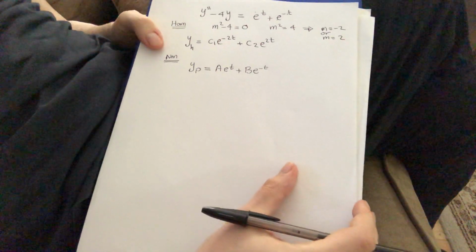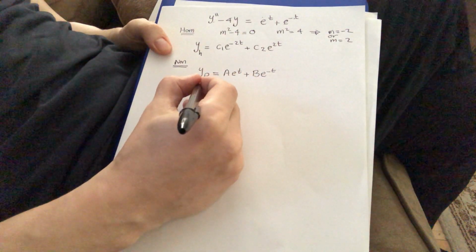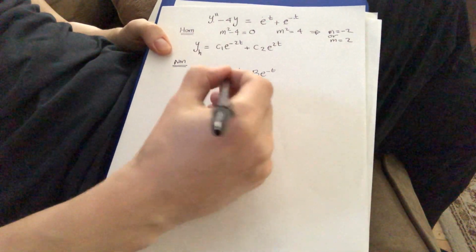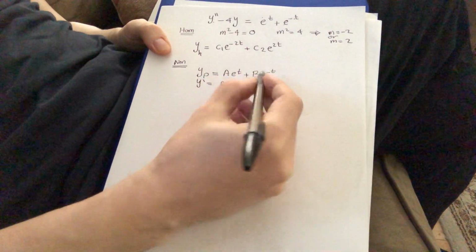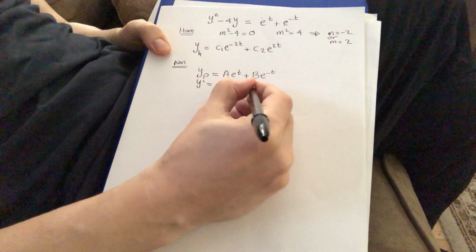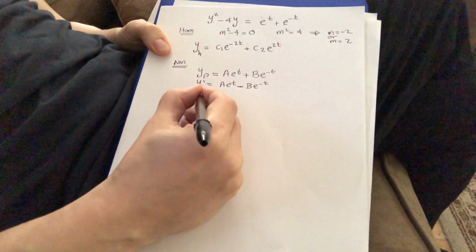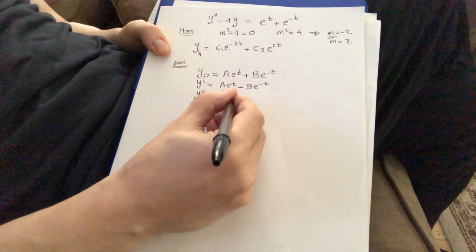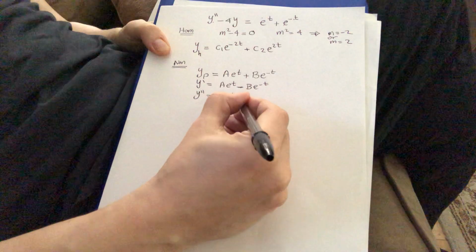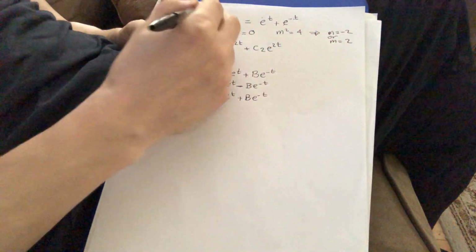We're going to compare coefficients. To do so, I need to find the second derivative. So the first derivative of the first term is itself. This one is minus b e to the minus t. The second derivative of the first is itself, and then this turns positive.